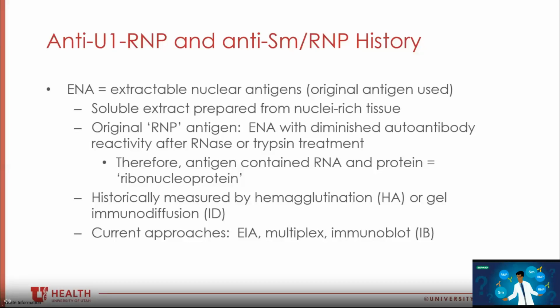However, there are challenges and limitations to those methods, including lower sensitivity for the detection of anti-RNP antibodies in sera from patients with mixed connective tissue disease, subjectivity in result interpretation, the complexity of the performance of these methods, and the training required to achieve competency, especially in comparison to newer, less complex, and more easily automated methods. Thus, these methods have largely been replaced by more sensitive and less subjective assays, including enzyme-linked immunosorbent assays, ELISAs, immunoblots, and multiplex assays.